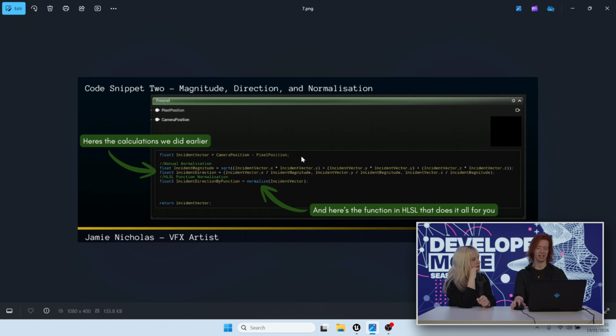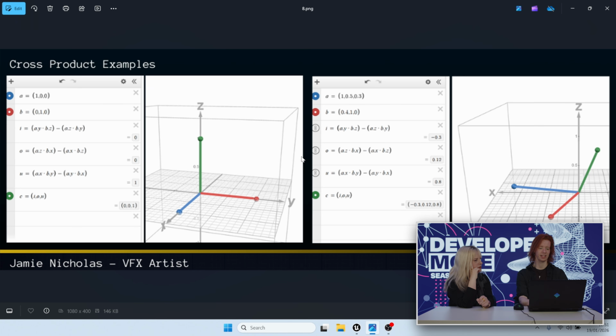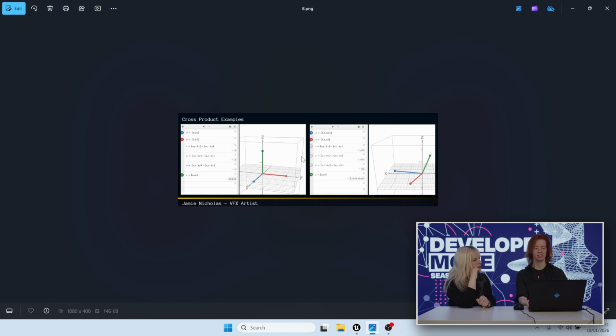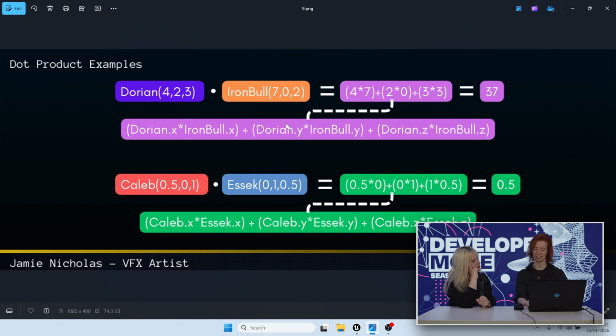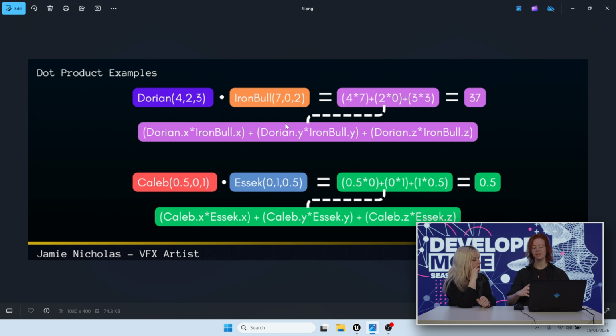Normalization, we've done. The next thing we want to do is start comparing some of these values. The way we're going to do it today is using something called dot products.